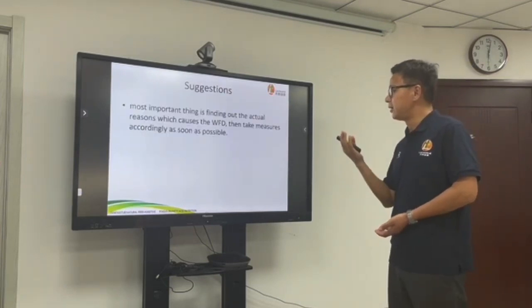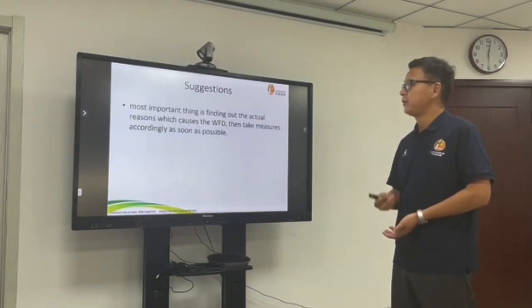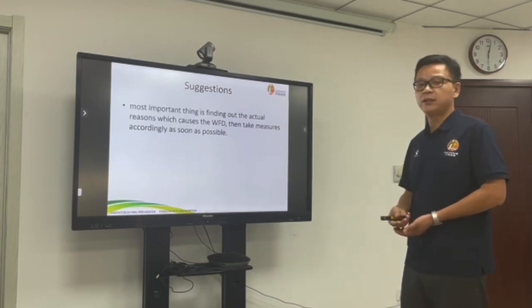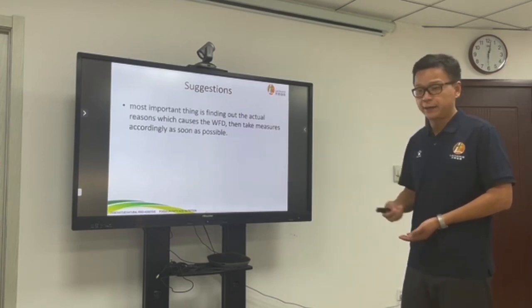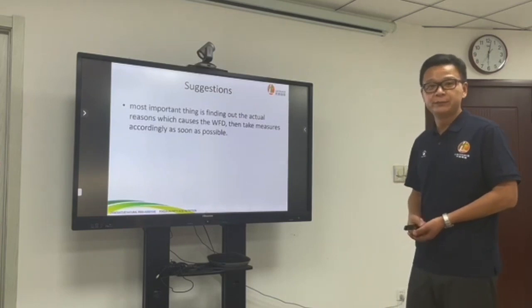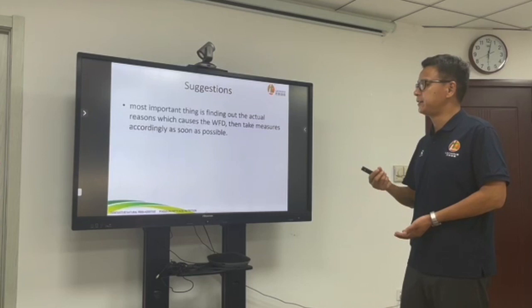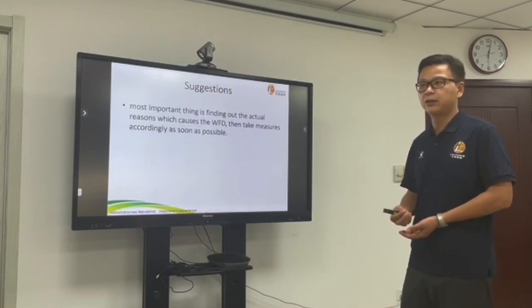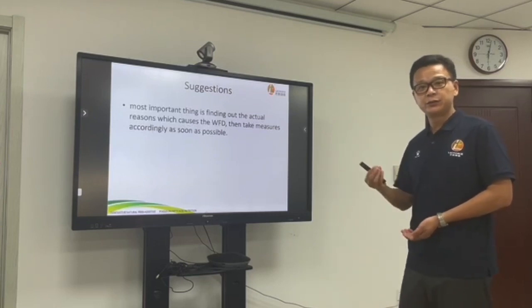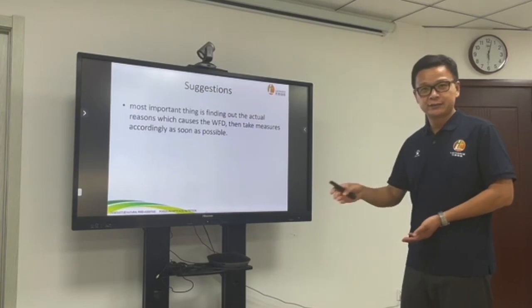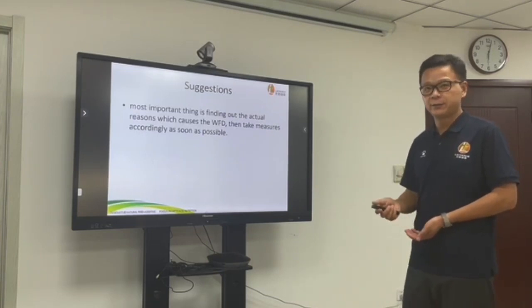The last suggestion: tell the person in charge of your farm to monitor the shrimp daily. If you find something abnormal, take action as soon as possible. Find out what the reason is. Is it due to the water quality? Solve the problem as soon as possible.